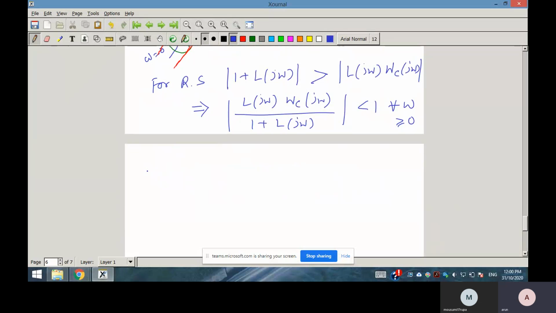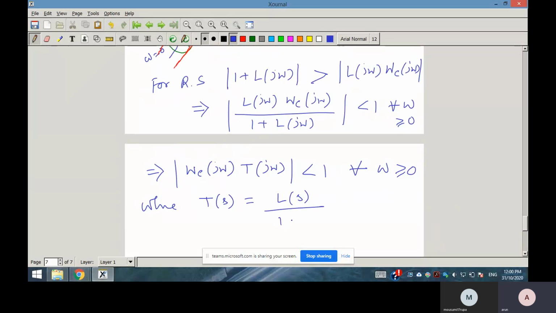L j omega divided by 1 plus L j omega, I will denote as T j omega. So mod of W c j omega into T j omega is less than 1 for all omega greater than or equal to 0, where T s is L s by 1 plus L s. This is known as the complementary sensitivity function.